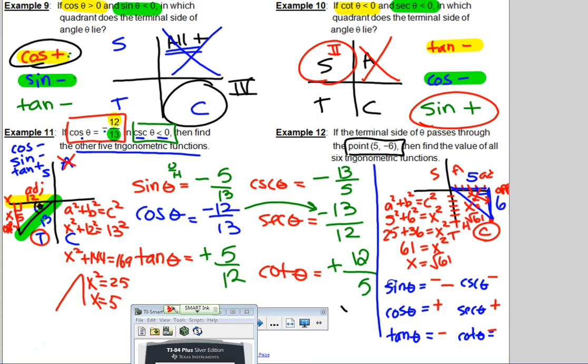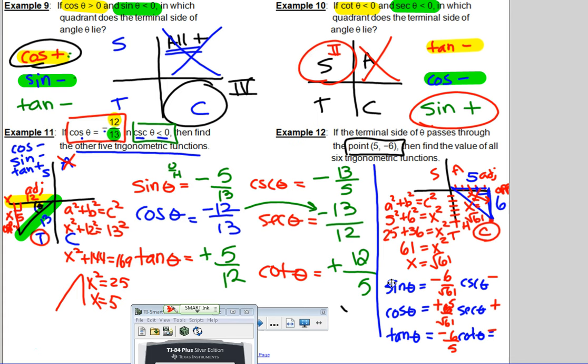So it's going to be 6 over radical 61. Cosine is going to be A over H, so 5 over radical 61. And tangent's going to be O over A, which is 6. I apologize. The A side is 5. It's going to be 6 over 5.